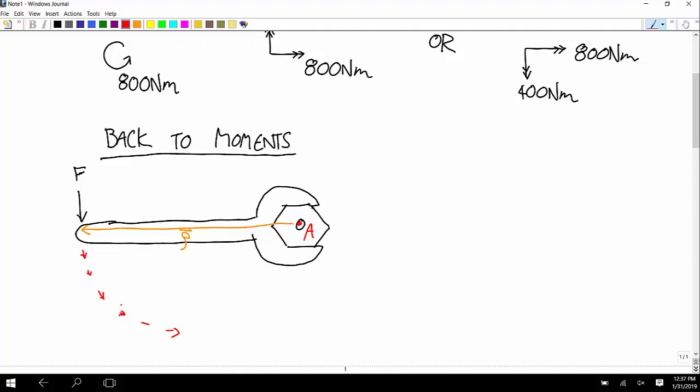And so moment is a vector. We know that it's a vector because it's defined by a cross product. The output of cross products are vectors. And so intuitively, what's the direction of this moment vector? Well, the way to think about that is think about the direction of rotation that would occur if there was nothing preventing rotation. So if all you had was this moment, this wrench would rotate that way, right?